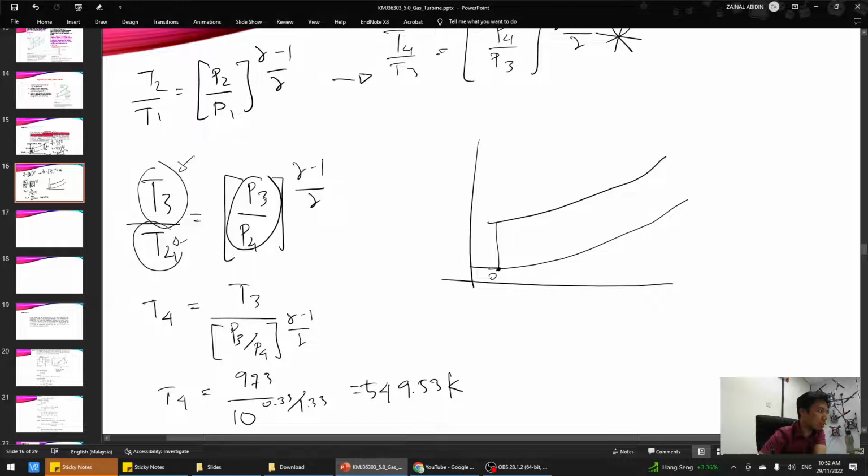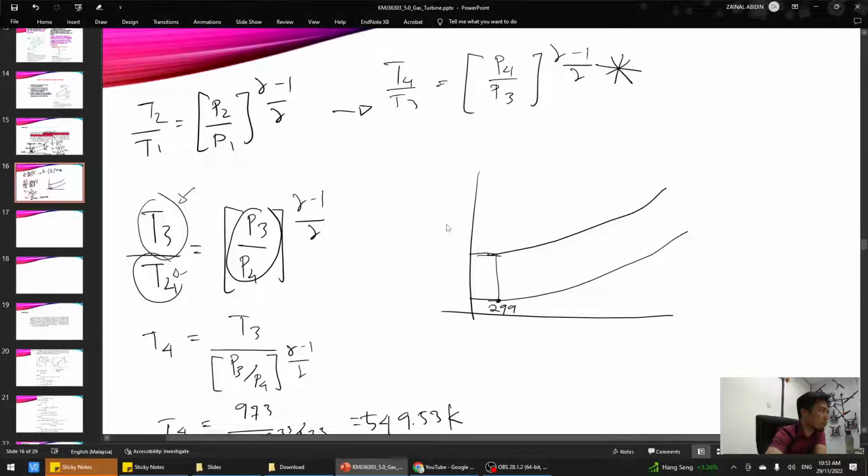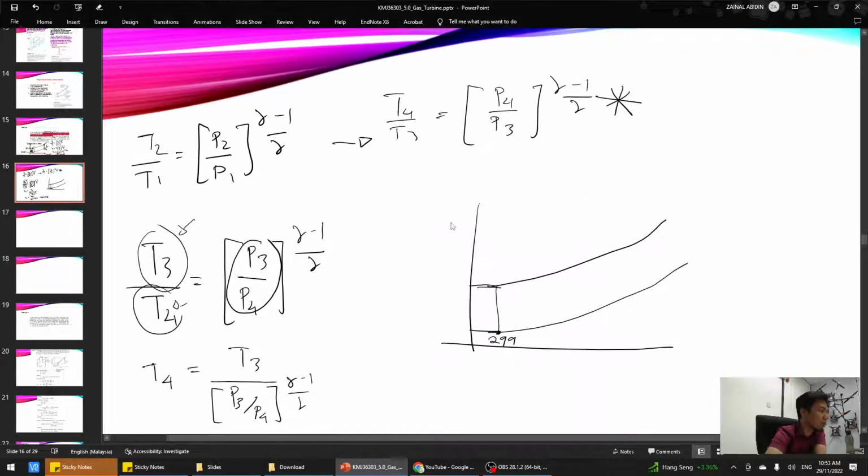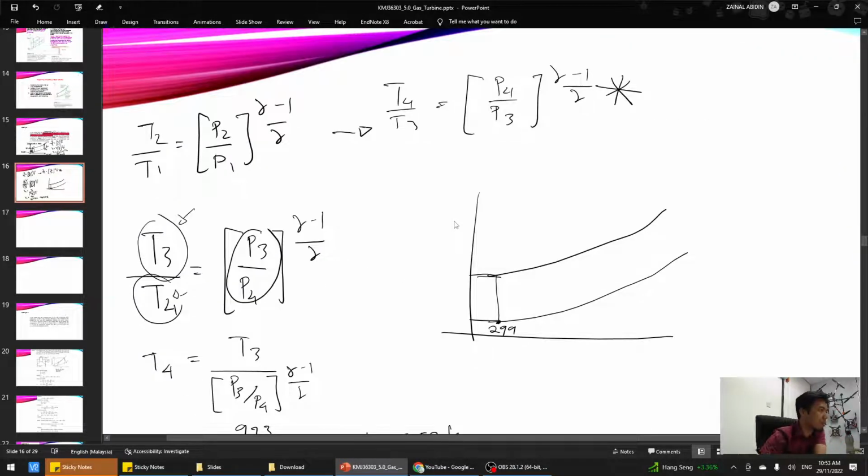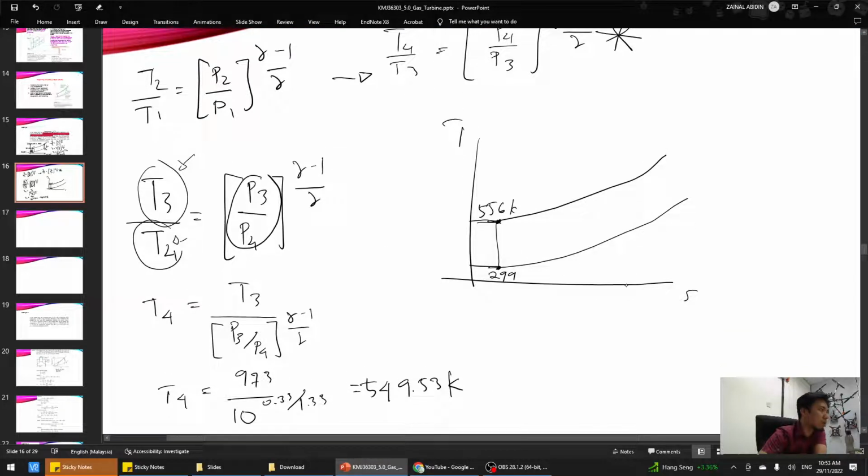If you sketch back your TS diagram with the temperatures you have calculated, this point is 299. This point you got what just now? 556 Kelvin. This is temperature, this is entropy. This is T1, T2, T3, T4.